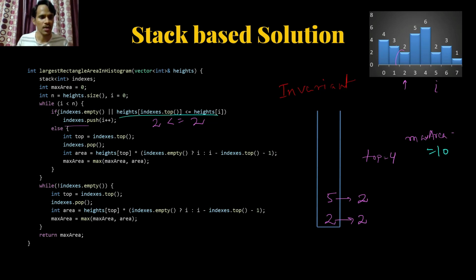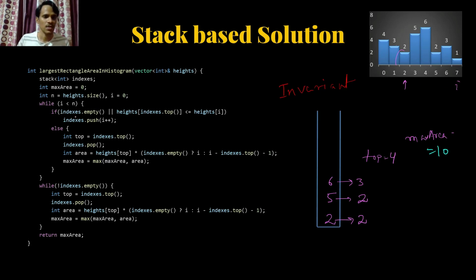Okay, again the index is incremented. We go to here, stack is not empty, and the height of the top element, which is 2, is less than equal to the height of the currently encountered element, which is 3. So again we push the element to the stack. Okay, then I is incremented here.